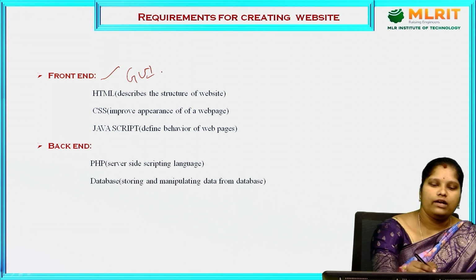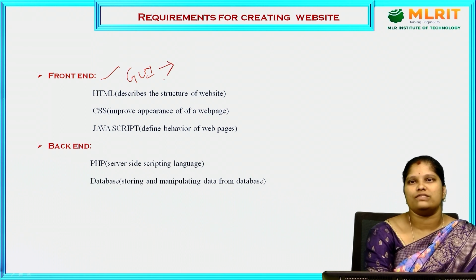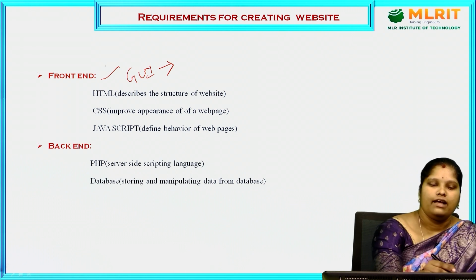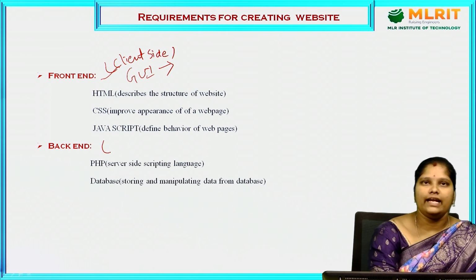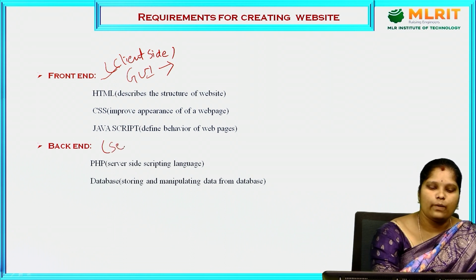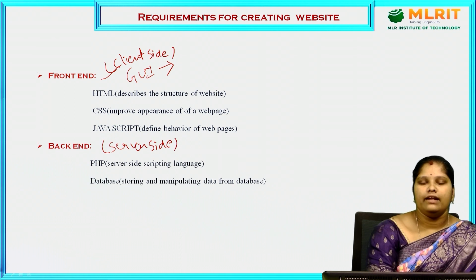Whatever information or page is visible to the user, that is the front end, and this is also called client side language, and back end is also called server side, right?